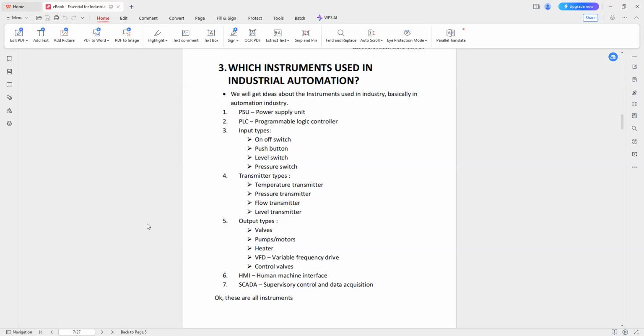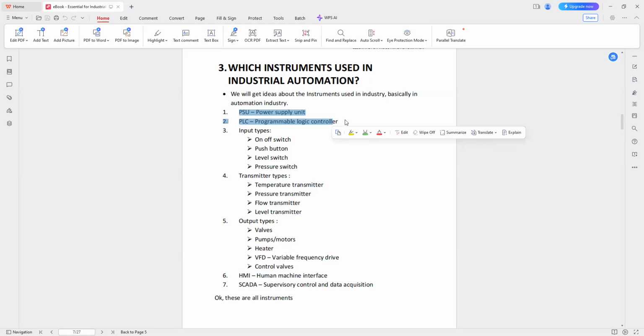Sometimes PLCs require a 230-volt AC power supply. In that case, you require a 230-volt AC power supply. So a power supply unit is just to power on the PLC, the programmable logic controller.